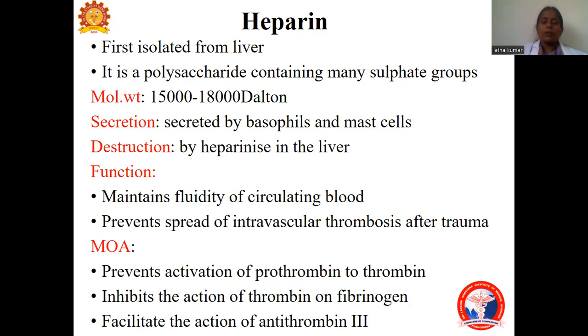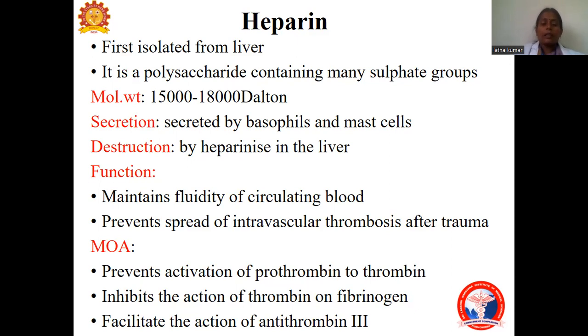So heparin prevents the conversion of prothrombin into thrombin. Next, it inhibits the action of thrombin on fibrinogen. What the thrombin will do is convert fibrinogen into fibrin, and heparin inhibits this action of the thrombin on the fibrinogen.